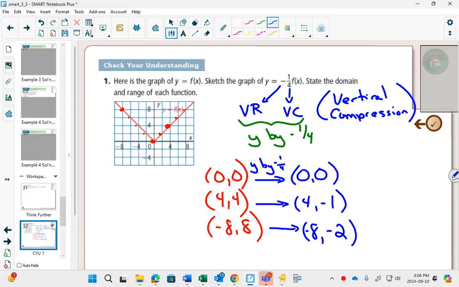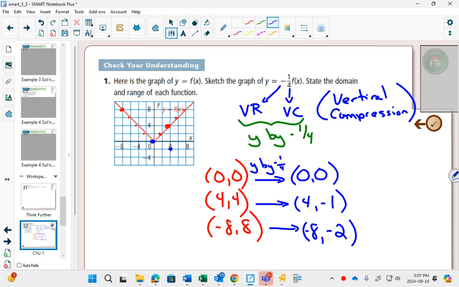Okay? Now I would get you to plot the points, but then many of you would make a little mistake. 0, 0, I'm pretty sure you guys would be okay with that. But should I make the mistake? Here we go. Here's 4, -1. Did anybody else make that mistake?